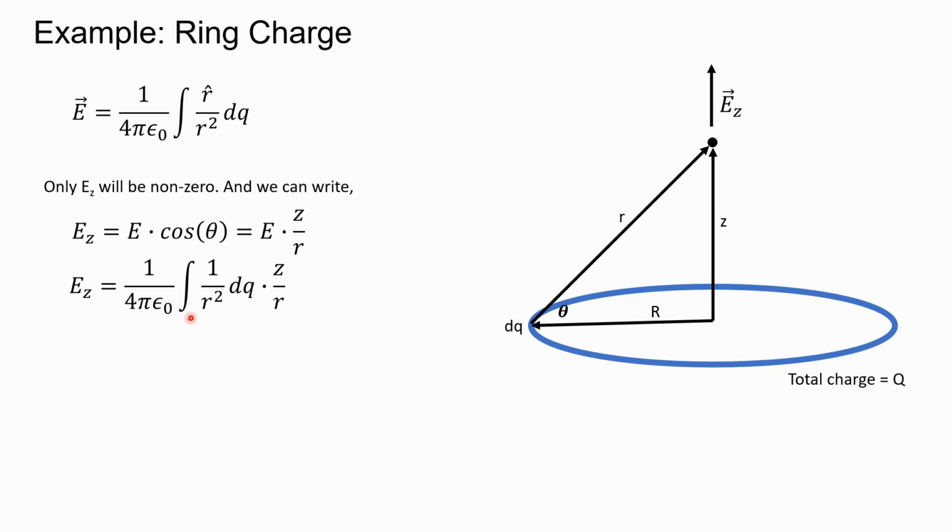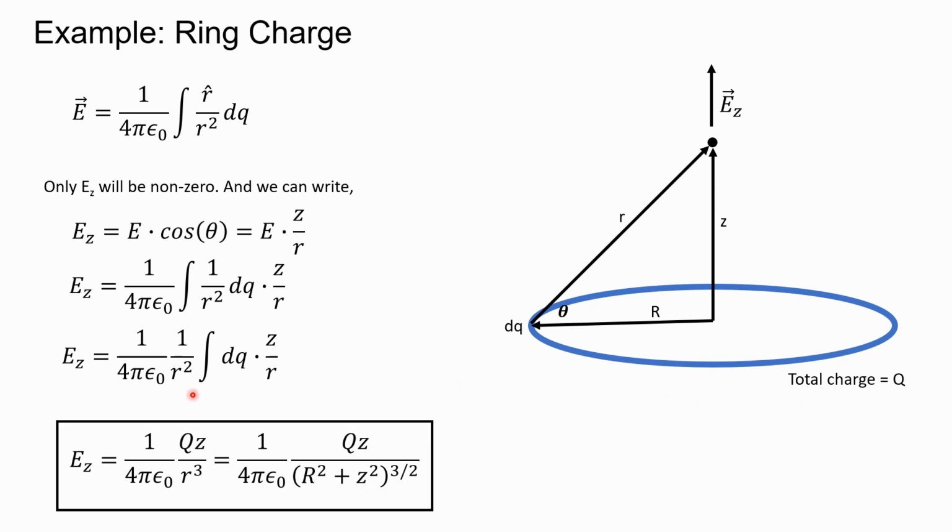So this is an integral over something that's constant, and if we are integrating over something that's constant, we can take that constant out of the integral. So we then simply have an integral over dq, and an integral over dq just gives us our total charge. And therefore we have our final answer. Ez is equal to 1 over 4 pi epsilon naught times qz divided by r cubed.